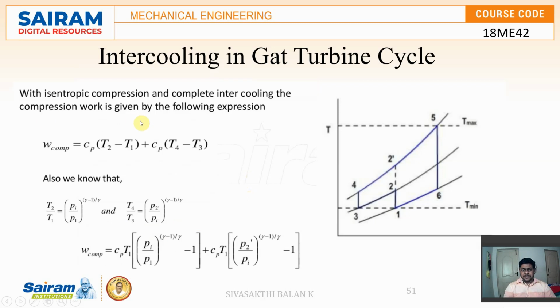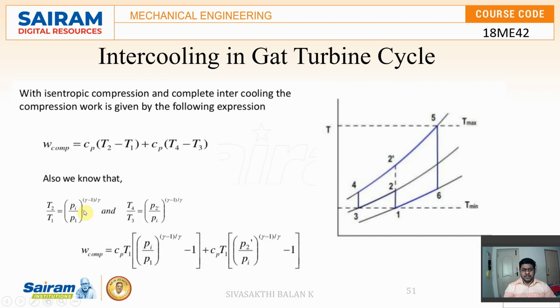With isentropic compression and complete intercooling, the compression work is given by the following expression. Compressor work is Cp(T2 - T1) + Cp(T4 - T3). We also know that T2/T1 = (PI/P1)^((gamma-1)/gamma), where PI is the pressure at the end of the first compressor, which we call the intermediate pressure.